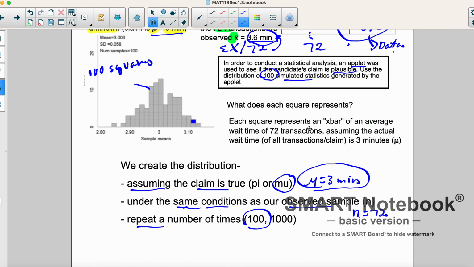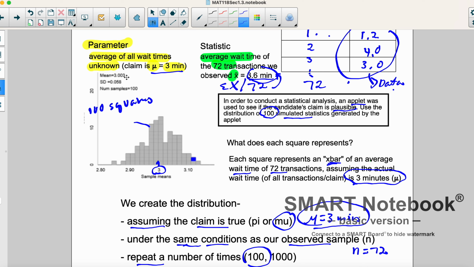Each square represents an x bar, which is an average wait time of 72 transactions. And we're generating those based on the assumption that the actual average wait time is 3 minutes. We see here that the center of the data is going to be at 3 minutes.